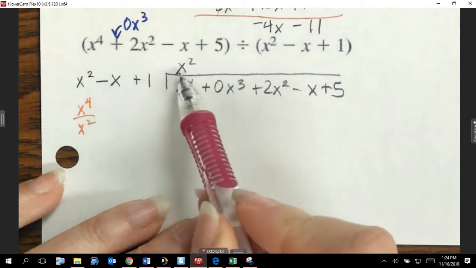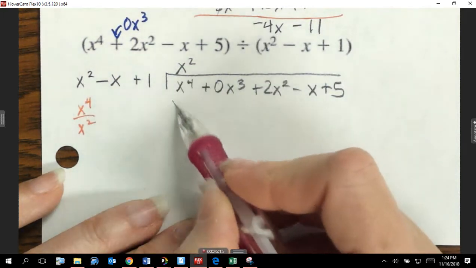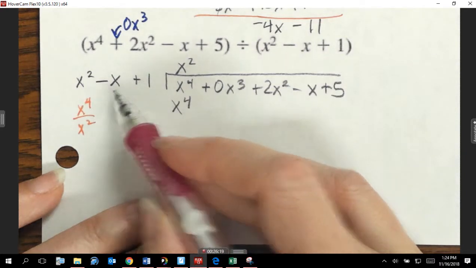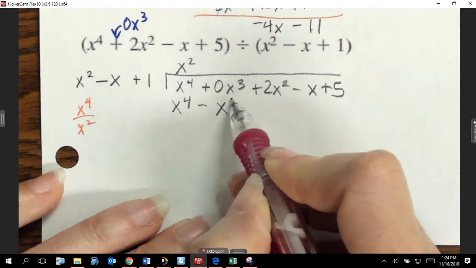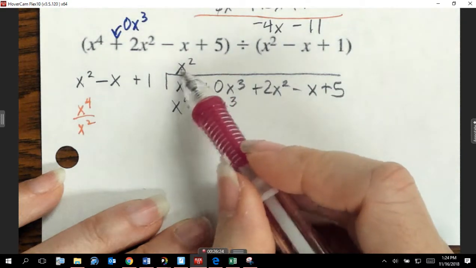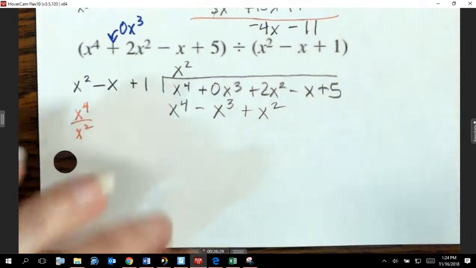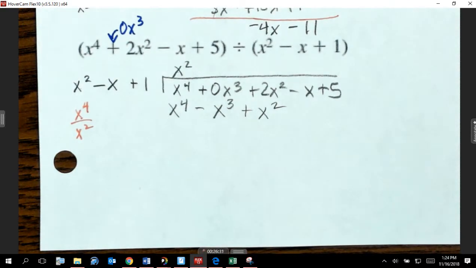Then we multiply. X squared times x squared is x to the fourth. X squared times minus x is minus x to the third. X squared times 1 is x squared. What's next? Subtract.